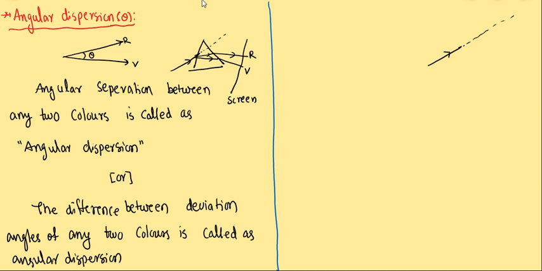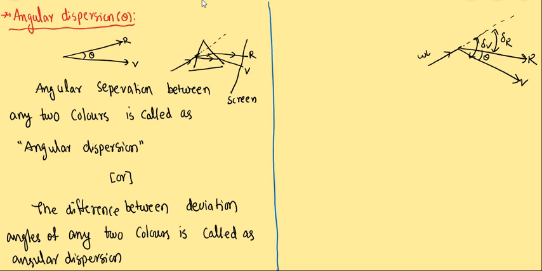And here the violet color is deviated like this, and the red color is deviated like this. This is the deviation angle of the violet color, and this is the deviation angle of the red color. When you subtract these deviation angles, we get the angular separation between the two colors. You see the picture clearly.